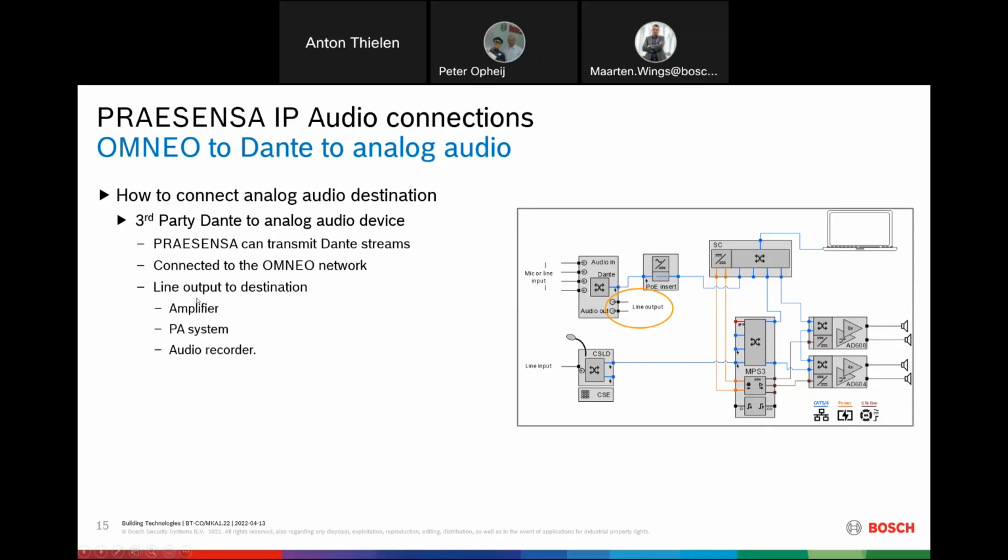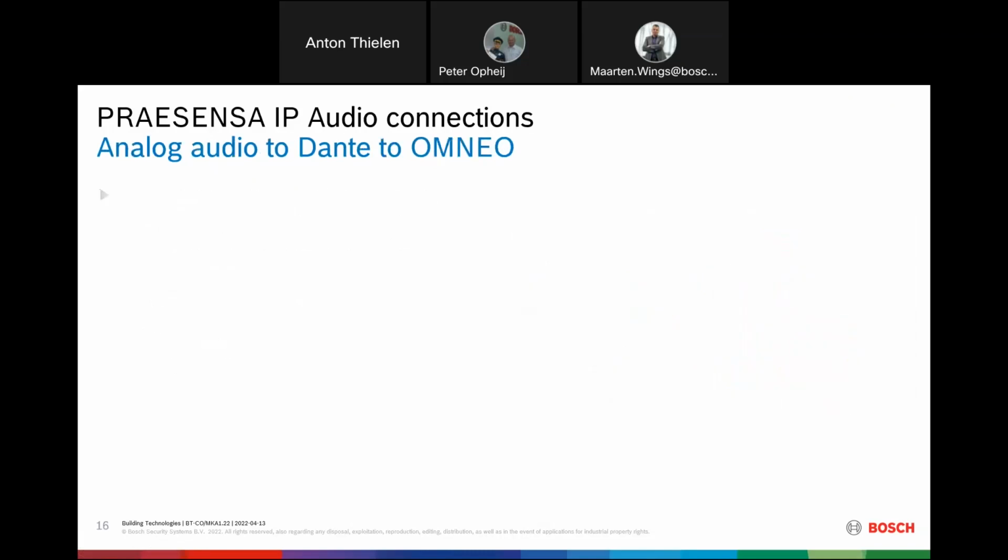The line output to a destination can be an amplifier, a PA system, or an audio recorder, of course. You could connect it through this line output. So that could be your final destination of that audio source, but that's fully flexible, what you choose, of course.